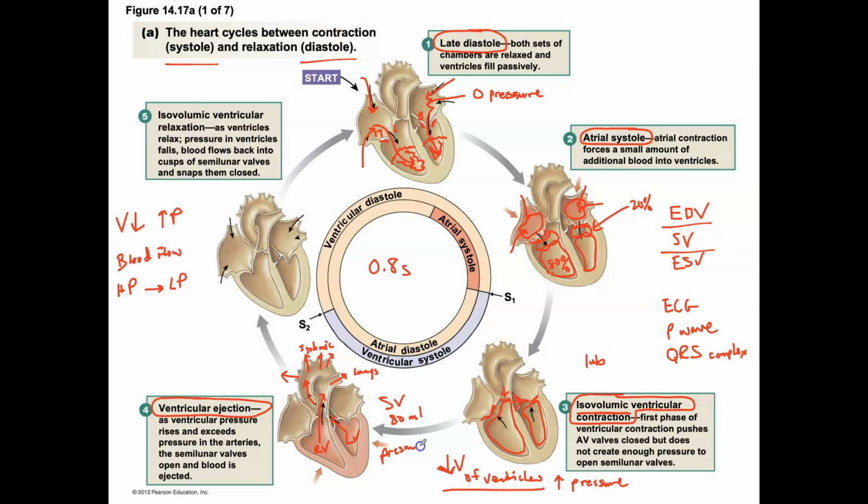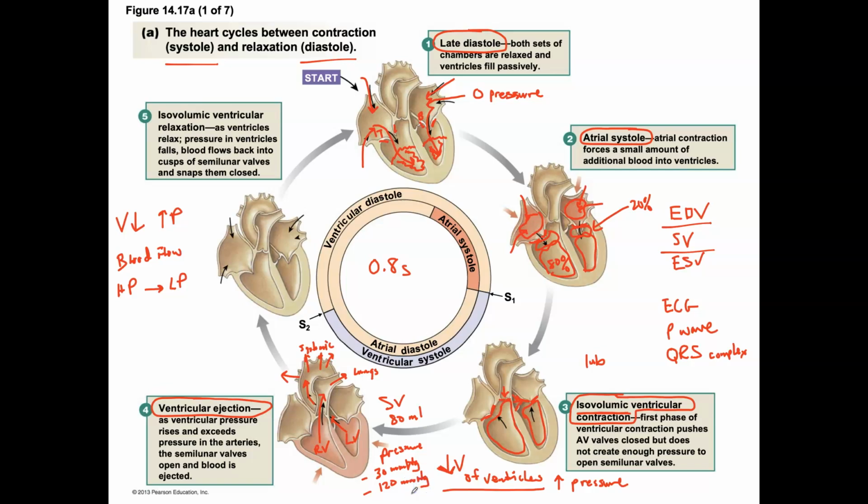The right side of the heart pumps at a lower pressure than the left side of the heart. So the pressure going to the lungs is going to be, let's say, 30 millimeters of mercury, a lower pressure, and the pressure being pumped out to the body is going to be 120 millimeters of mercury.